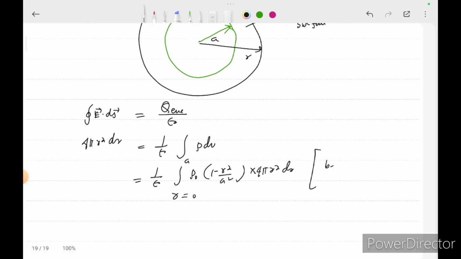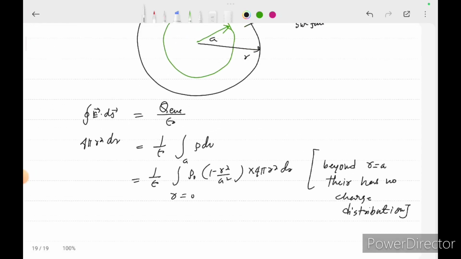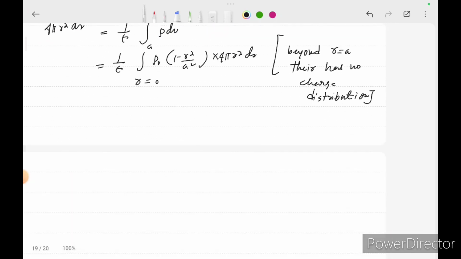So beyond r equals a there is no charge distribution, right?